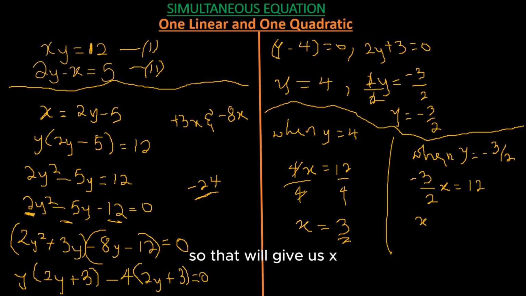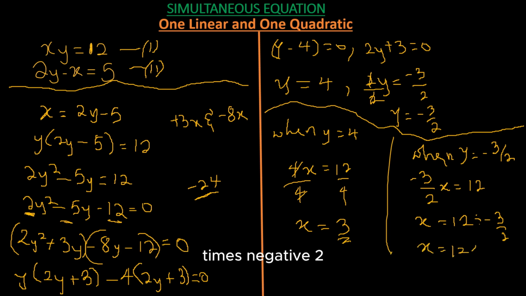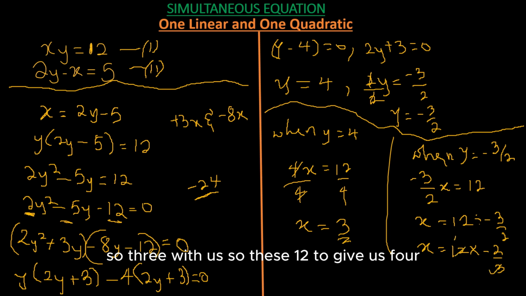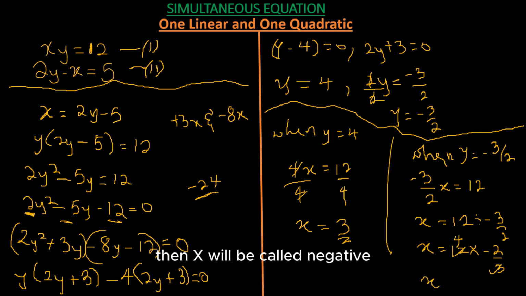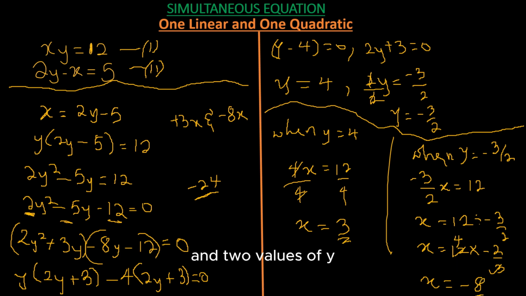So that will give us x equals 12 divided by negative 3 over 2. So that will give us x equal to 12 times negative 2 over 3. So 3 will cancel this 12 to give us 4. Then 4 times negative 2 will give us negative 8. Then x will be equal to negative 8. So you can see we have gotten the two values of x and the two values of y.